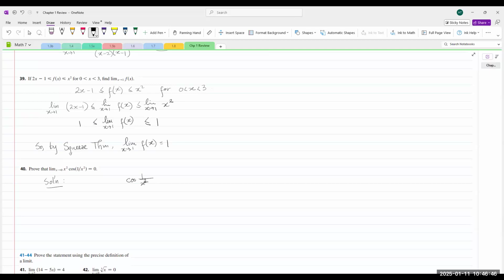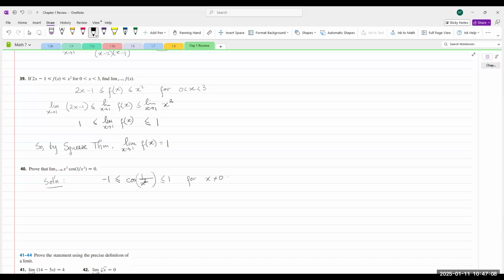Well, cosine of 1 over x squared is at least -1, at most 1 for x not equal to 0, right? As long as x is not equal to 0, cosine of this function should range between -1 and 1.